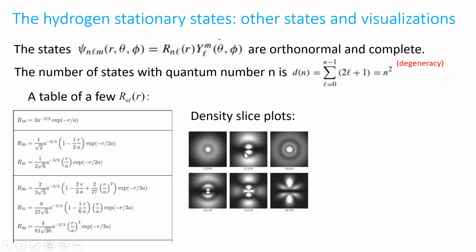Here's some other ones. I won't go into detail, but when L is 1, you get an angular dependence. So as you rotate around, you get different profiles. So there's an angular dependence. For 400, it's spherically symmetric because L equals 0. But there's 1, 2, 3 places where the wave function goes to 0.